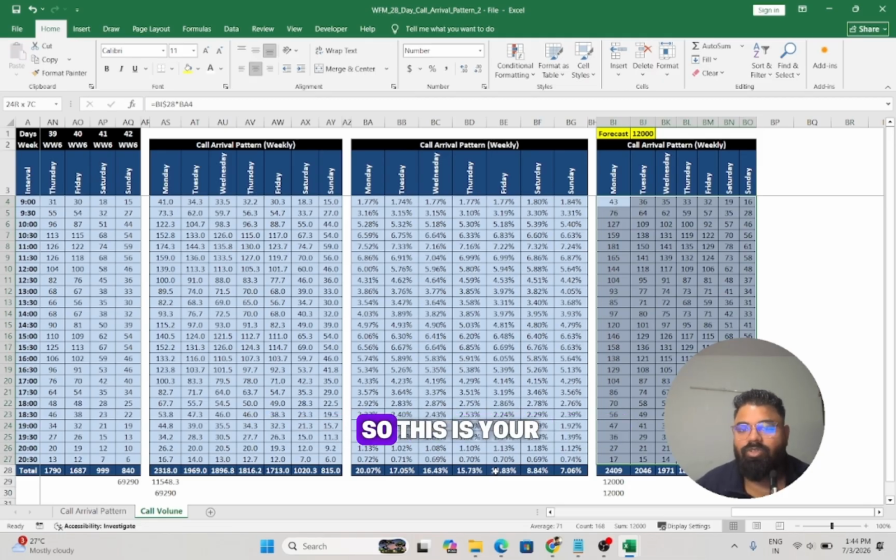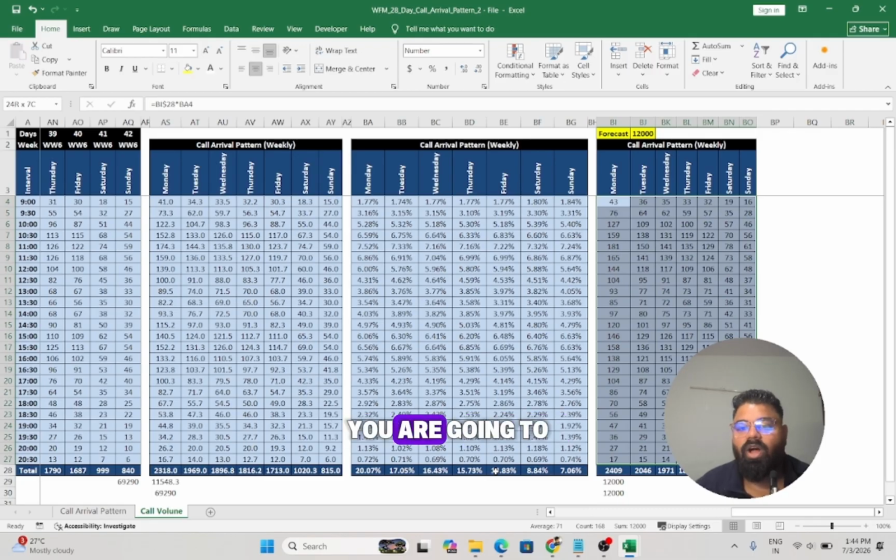Once you have it, this is your number of calls that you are going to receive per interval. So while you are working on scheduling or creating a roster, that is the volume that you will be receiving.